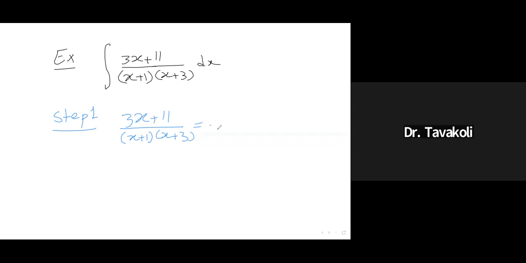One of them with the denominator of x plus 1, this factor, and the other fraction with the denominator of x plus 3, this factor. What we are going to do in this step is find out what constants, what numbers, will be in the numerators.